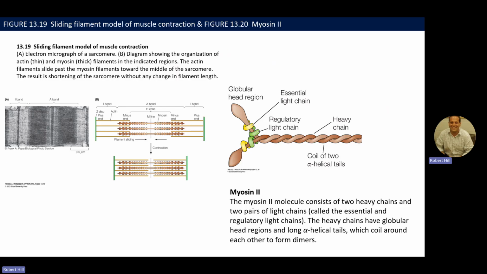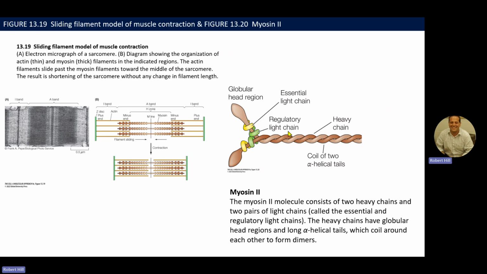So this shows how actin slides towards the center during contraction, shortening the sarcomere. That's why we say the distance between the Z discs decreases. But these filaments do not change length.